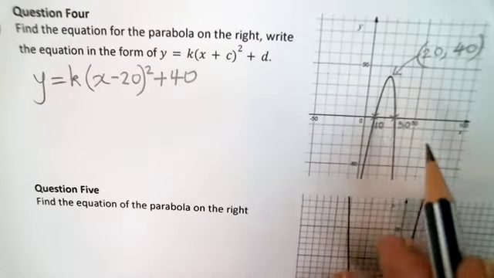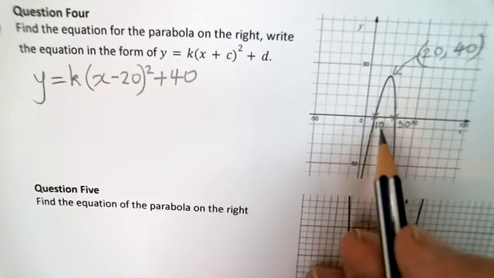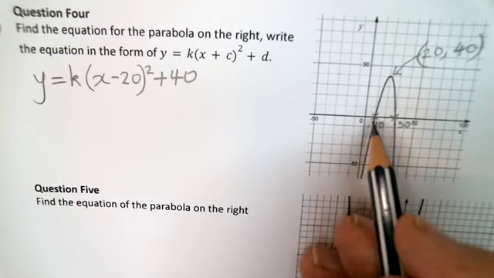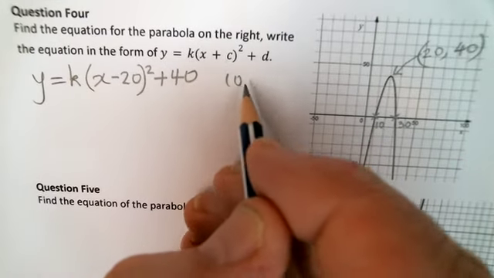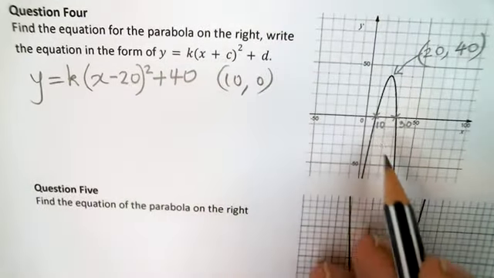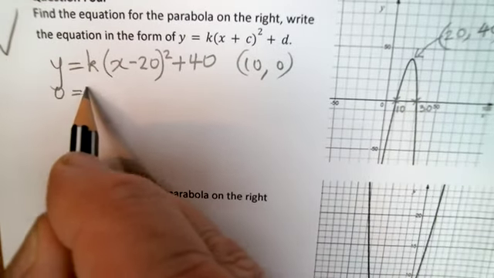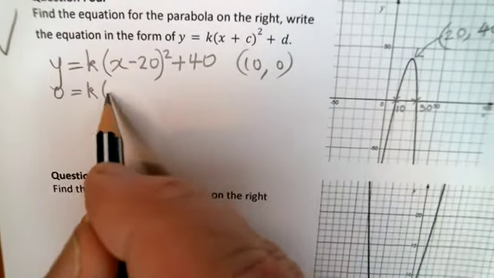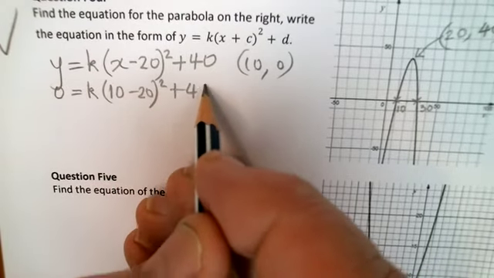But let's pop in some numbers here. We could use one of these points. This is 10 along and 0 up. Let's use that point there. So y is going to be 0. a we don't know. x, we've got an x value, minus 20, all squared, plus 40.